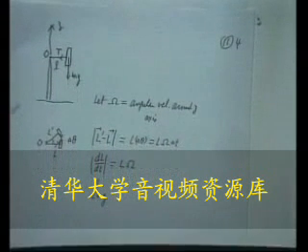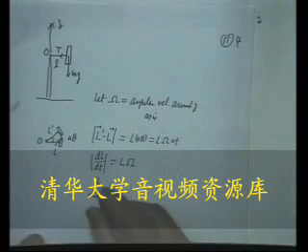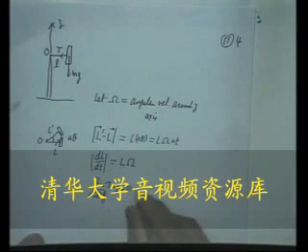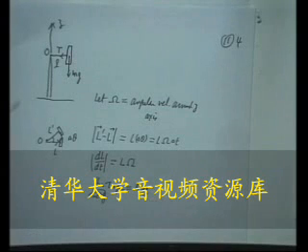This is equal to the torque. And torque is equal to L times mg, because L is R, mg is the force. So R cross force is equal to L mg.